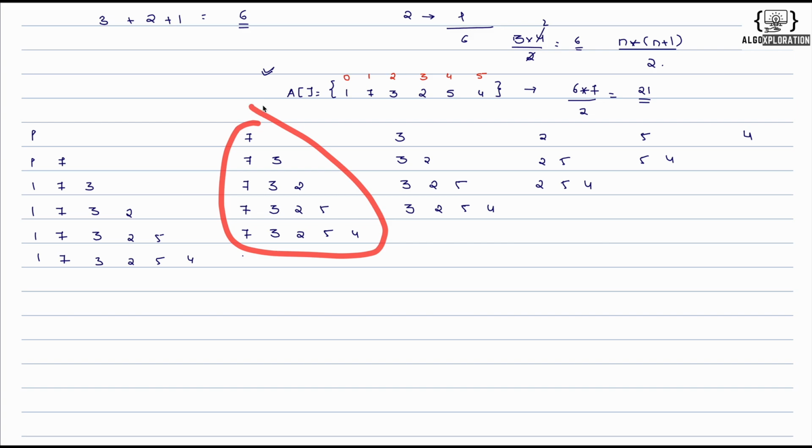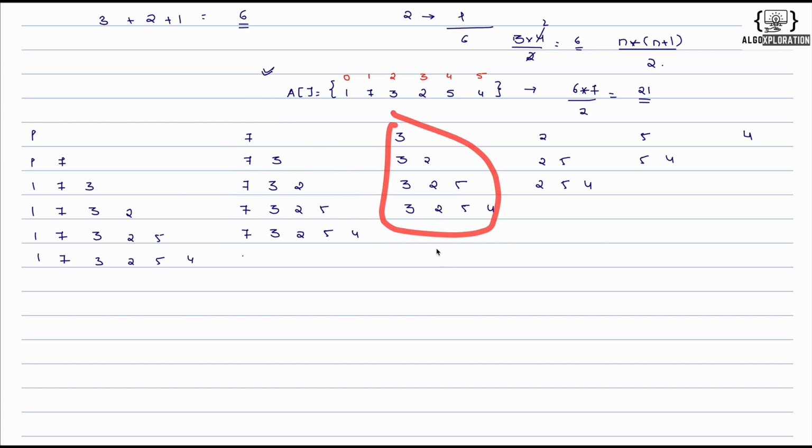These subarrays are starting from a of 1. This from a of 2, this from a of 3, this from a of 4, and this from a of 5, right? So if you see, the total subarrays starting from a of 0 are 6, then here are 5, 4, 3, 2, 1. If we sum up all this, it will be 21.